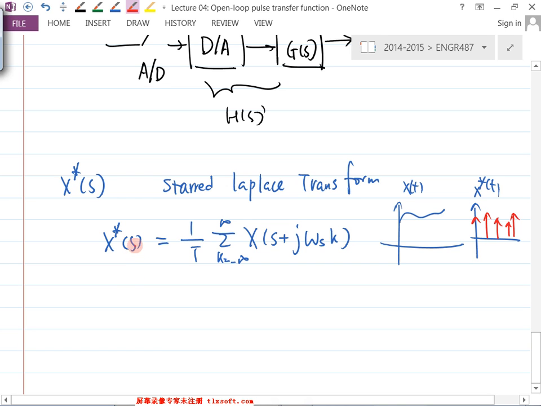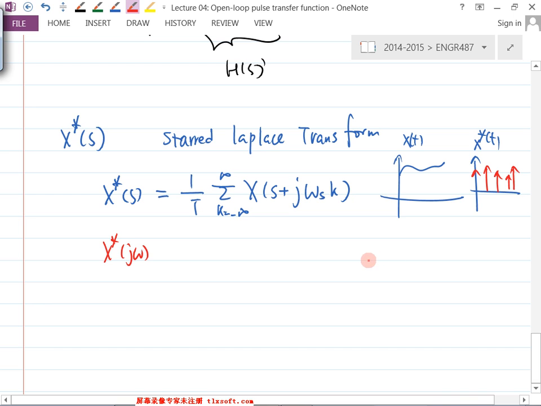If I replace this s with j omega on both sides and plot the magnitude of the frequency spectrum for the continuous one, not star, let's say you have something like this on the omega axis.